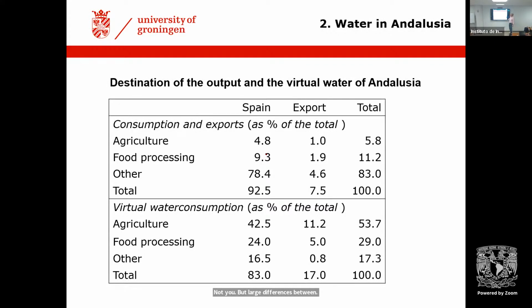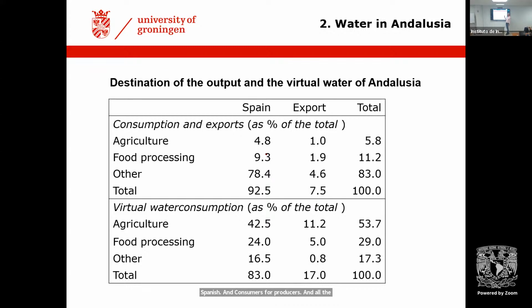Now let's have a look at the top part of the table. So it's domestic consumption, consumption by Andalusian consumers, by other Spanish consumers, and by foreign consumers or producers. And all the final demands are set at 100.